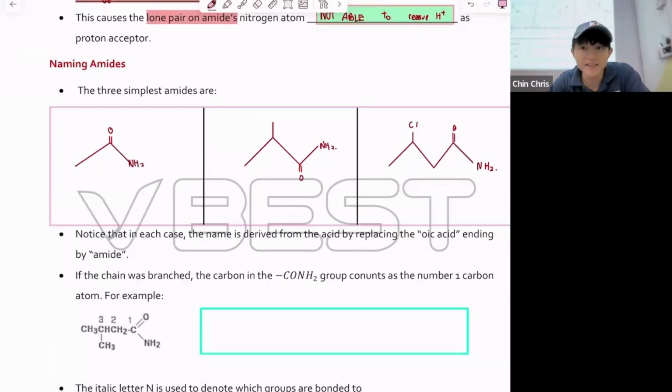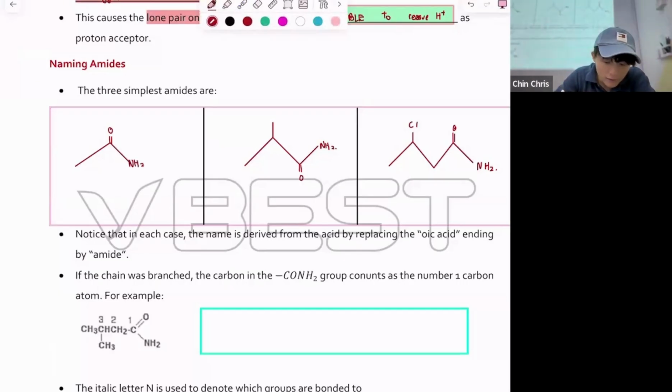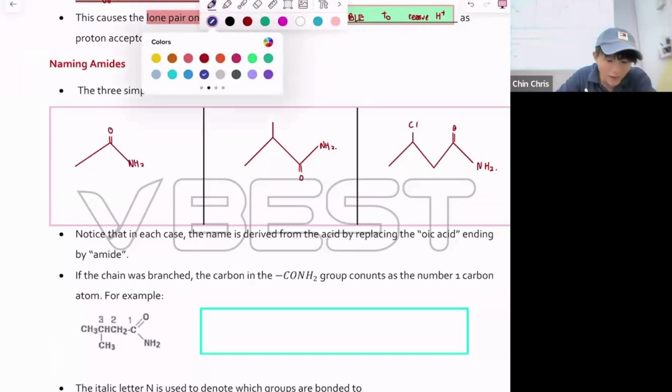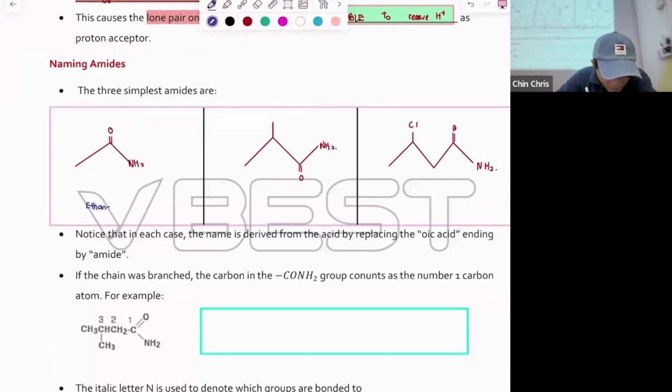Does methyl amide exist? Yes, methane amide exists. Guys, the first one has 2 carbons, so it is ethane amide. The second one has 3 carbons, which is propane amide.